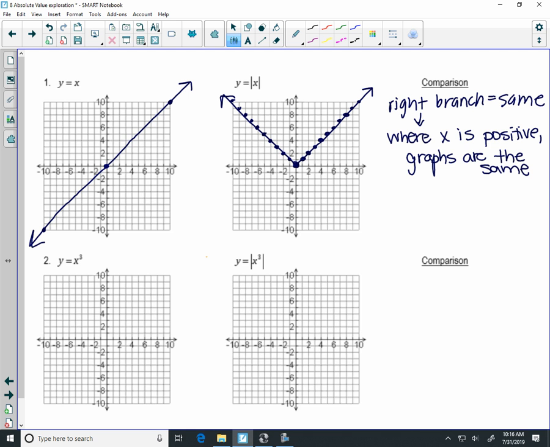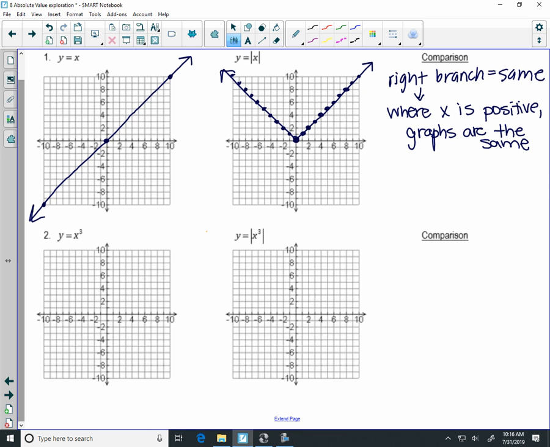Where x is negative on y equals x, those y values are negative here. Here we have negative x, negative y. Over here for absolute value, we have negative x's and we have positive y's. So you can formalize that in your comparison, however you would like.